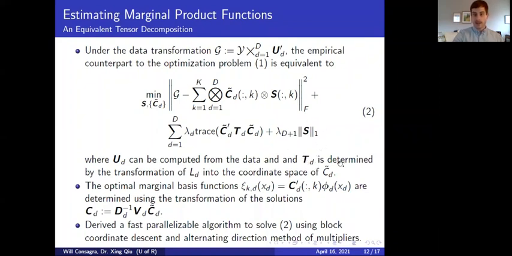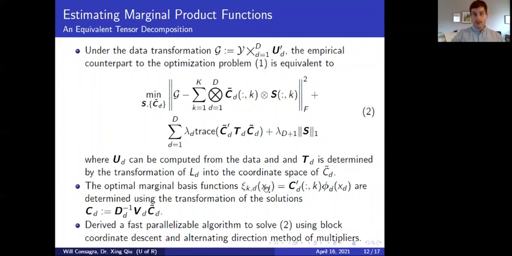And T_d, I don't have time here to go through the derivation of it, but it can be determined by transformation of the linear differential operator into this coordinate space of the C coefficients, which are our optimization variables. And you can prove that the optimal marginal basis functions, which are defined here, are determined using transformations of the solutions to this optimization problem.